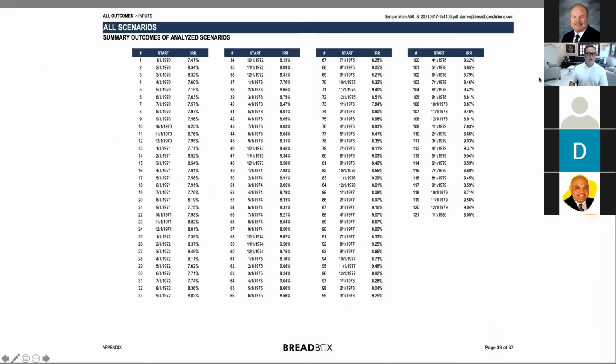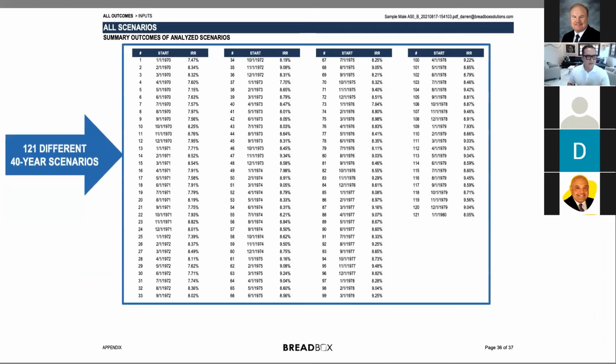And what's going to happen here is that our system is now going to run that data through literally 121 different 40-year periods that actually existed, starting on January 1st, 1970. It rolls forward 40 years. And then we go to February 1st, 1970, roll forward 40 years. Then March 1st, 1970, April 1st, et cetera, totaling 121 different 40-year scenarios.